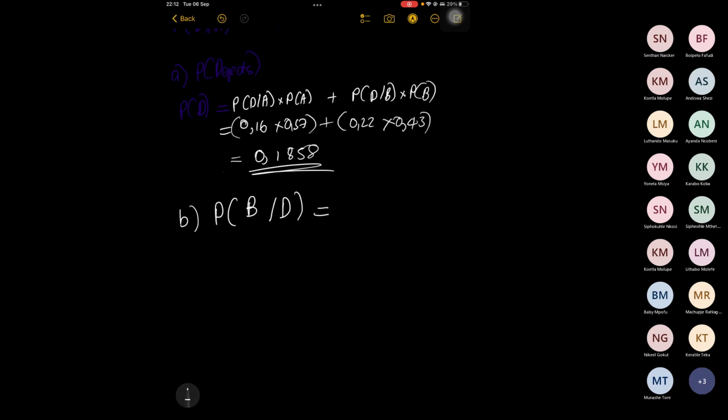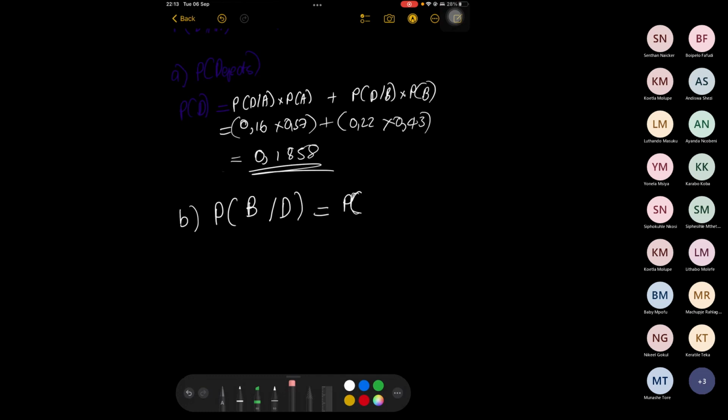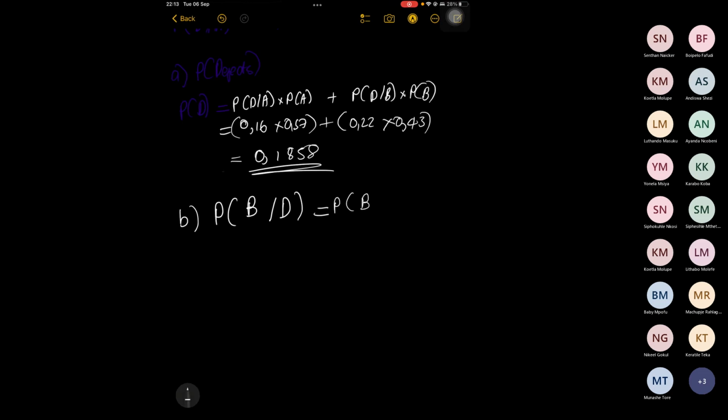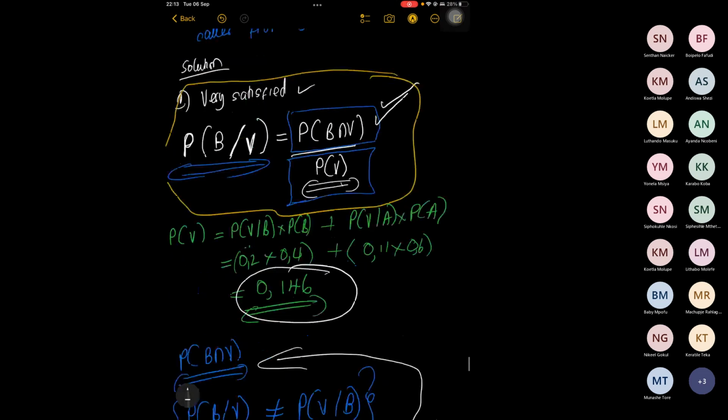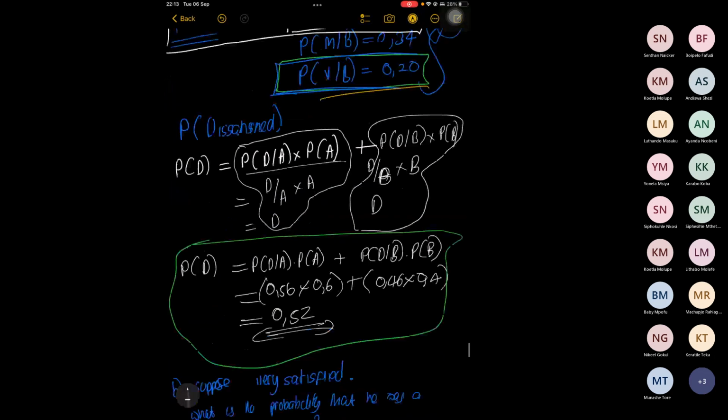We know that probability of B given D is probability of B intersection D divided by probability of D, isn't it? So in this case now, if you look at the question that we did here, I want you to see something. It's a trick that he normally does.